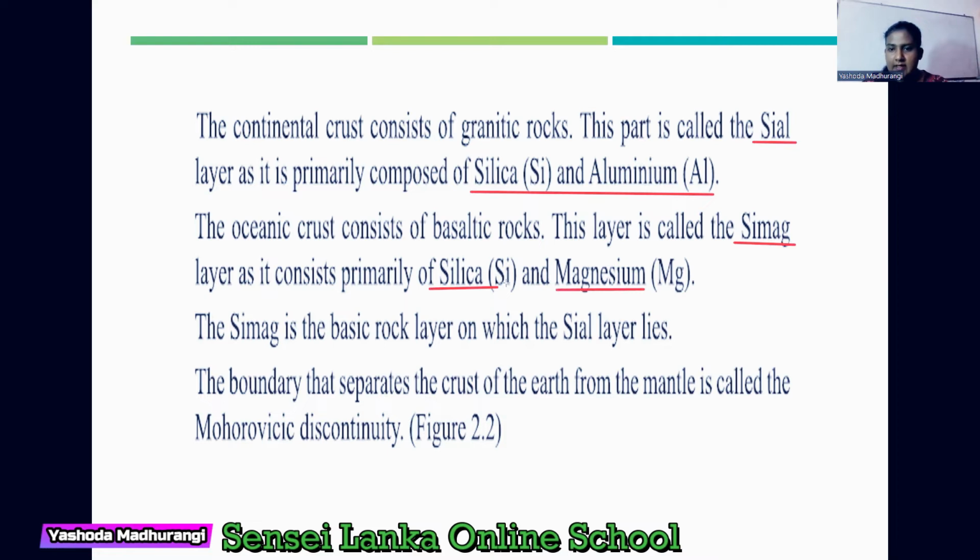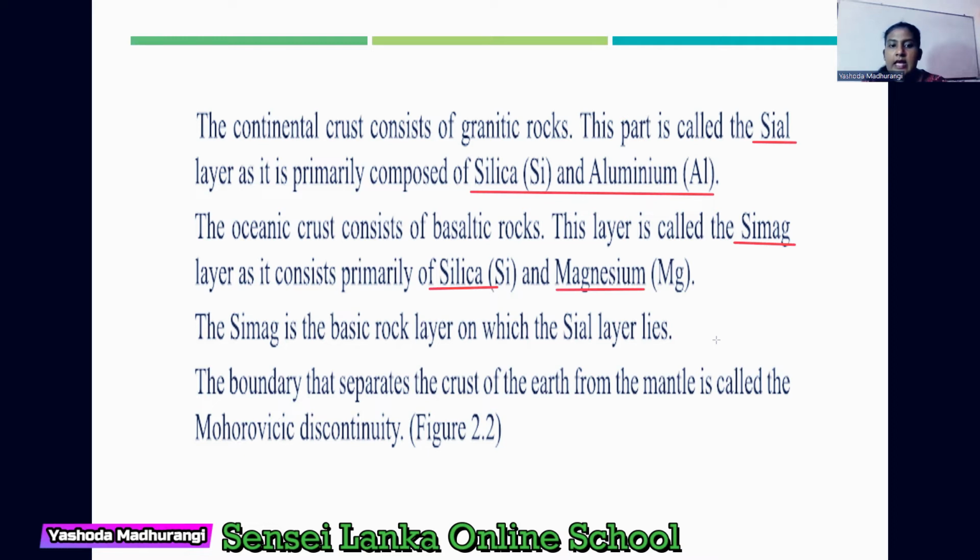Si from the silica, and then Ma from magnesium. That is the short form. SIMA layer. It is there in the oceanic crust. The SIMA is the basic rock layer on which the SIAL layer lies.